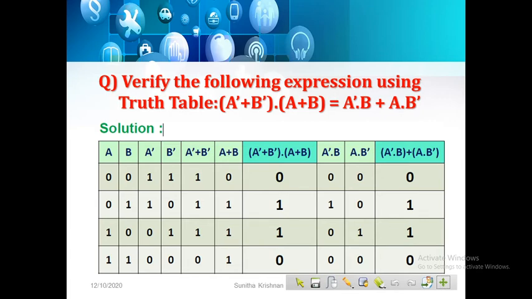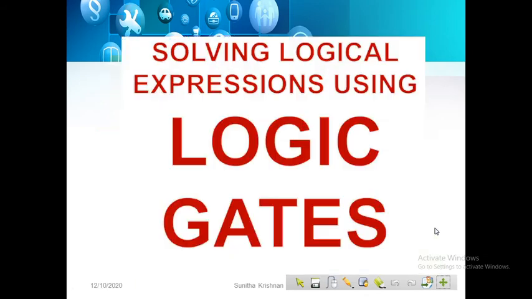Again A plus B has to be found out, then the LHS, the whole expression A dash plus B dash dot A plus B. Going to the right hand side, you have to do the same thing: find A dash dot B, then A dot B dash, then add those 2 for the last one. We have to check whether both columns are the same, that is A dash plus B dash dot A plus B is equal to A dash dot B plus A dot B dash. So hence it is proved.